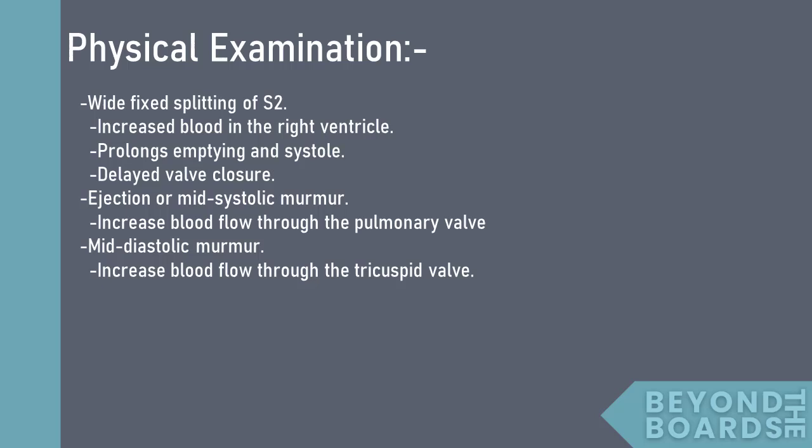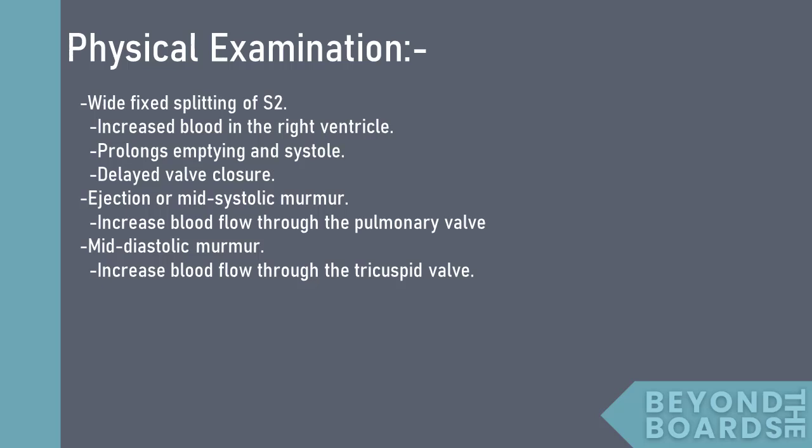Now, an ASD doesn't really cause a murmur per se because the pressures are relatively low within the atria, and hence the shunted blood wouldn't really cause much sound. However, the increase in blood returning to the right ventricle causes an excessive amount of blood flowing through the pulmonic valve, causing a flow murmur.